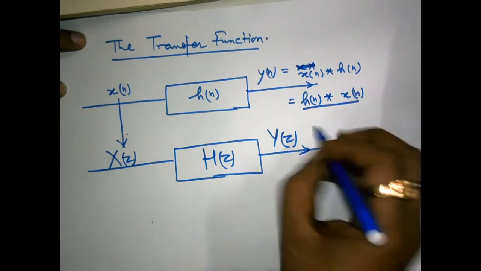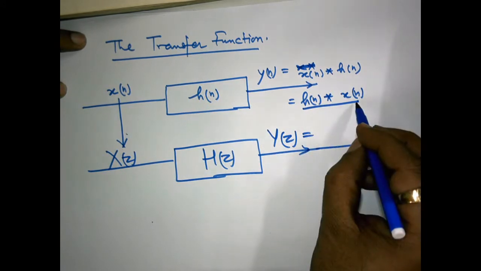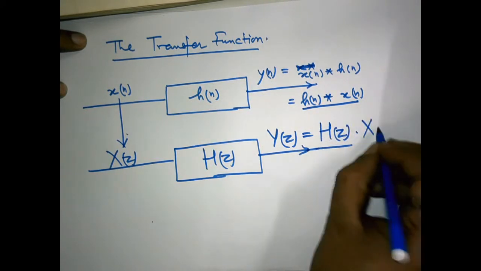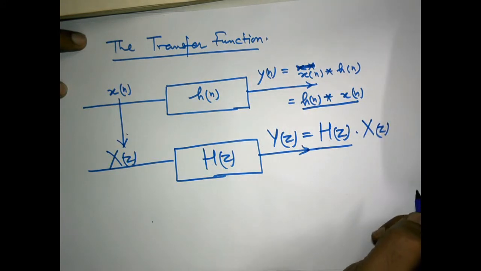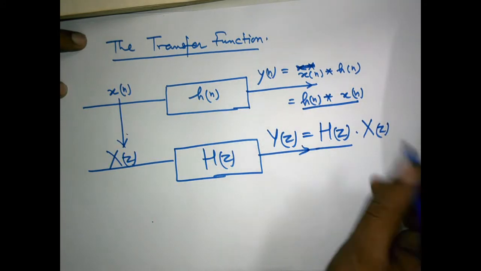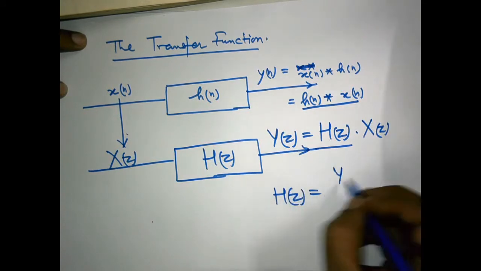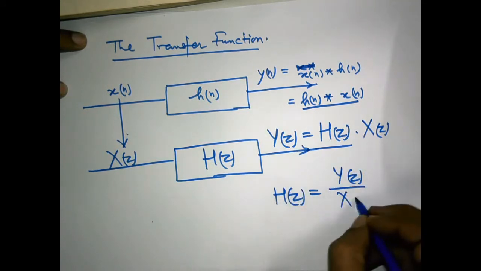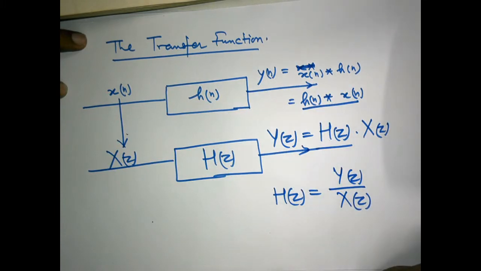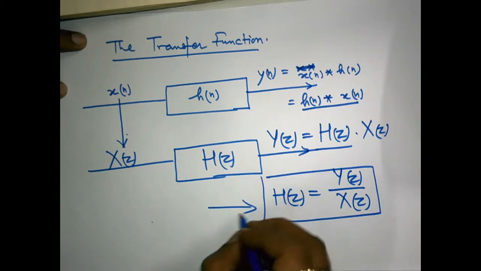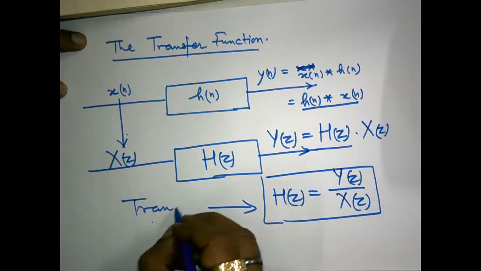Naturally, the z transform of this convolution will be equal to H(z) multiplied by X(z). So from this expression, H(z) will be equal to Y(z) over X(z). This is known as the transfer function of the system.